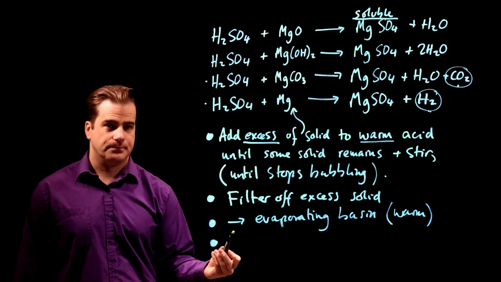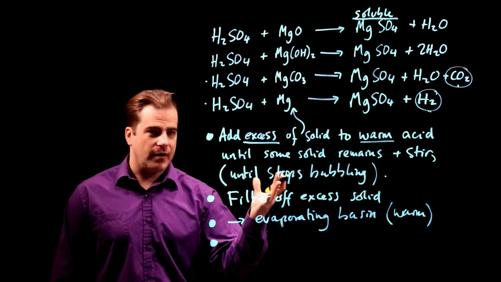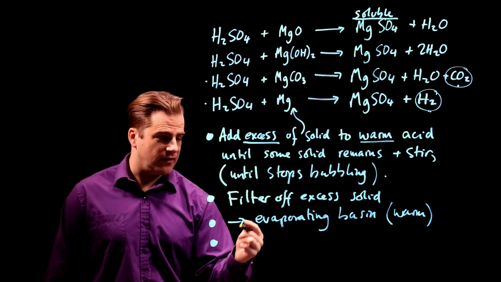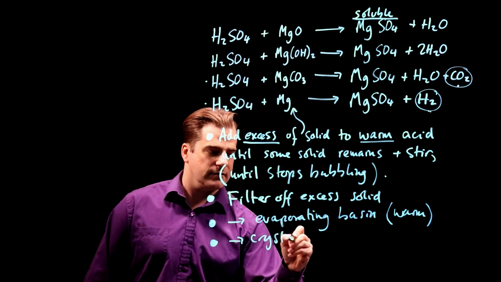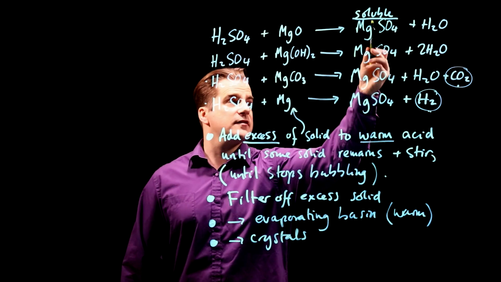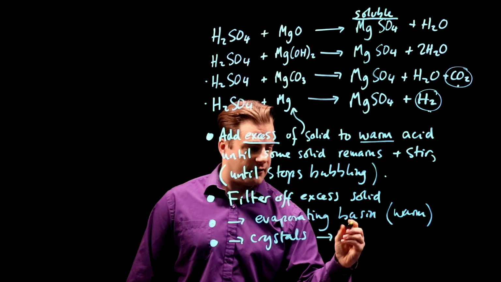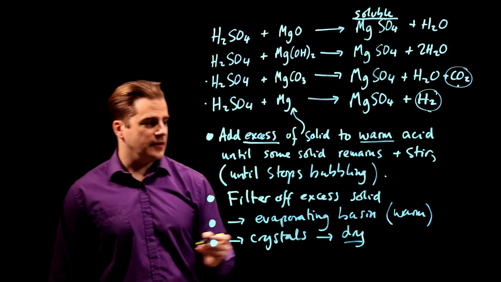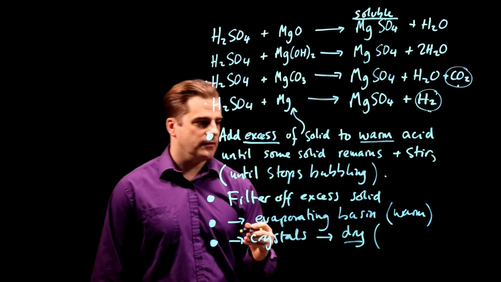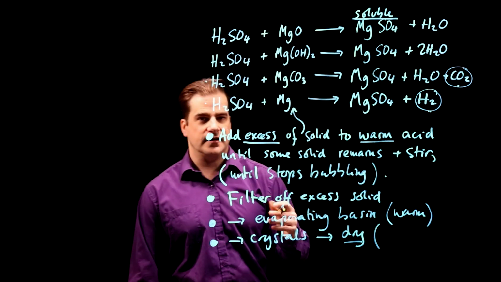Crystals will appear. All the liquid evaporates off, okay? You're left with crystals of what you want, the magnesium sulfate. Crystals appear and you have to dry them, and you can dry them in a warm drying oven.